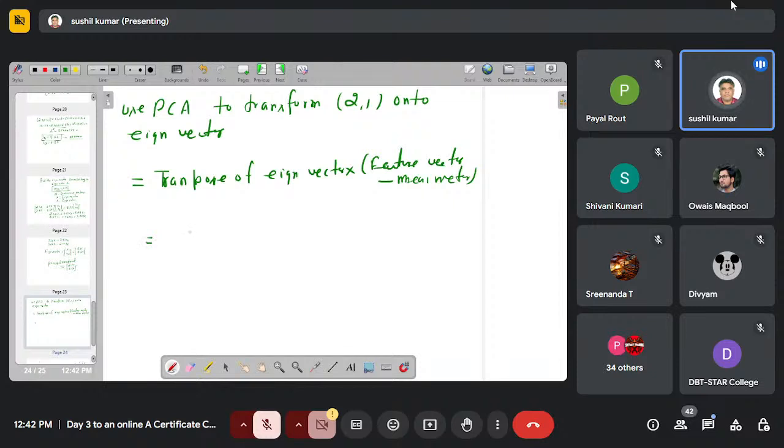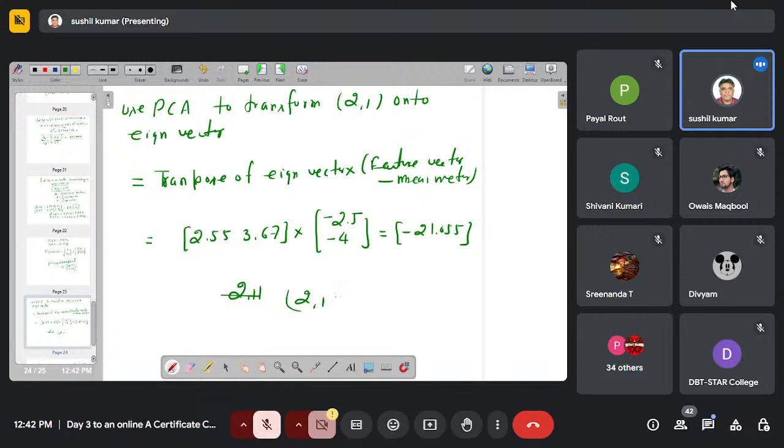So you have the transpose of the eigenvector as 2.55 3.67 into, already this calculation you have done, 2.5 minus 4. When you do this calculation, it will give you minus 21.055. So the projected value will be minus 21.055 using principal component analysis.